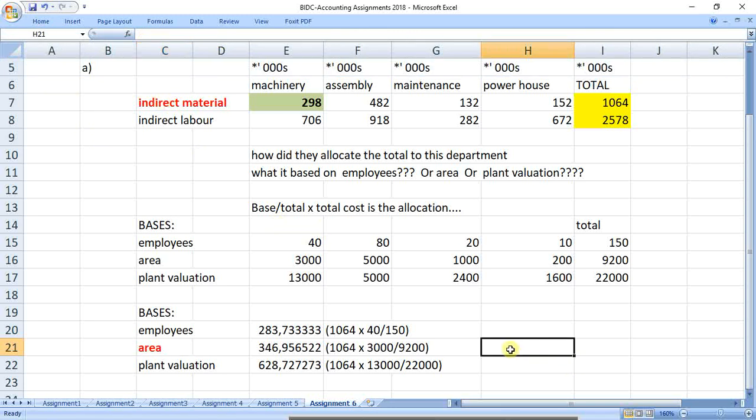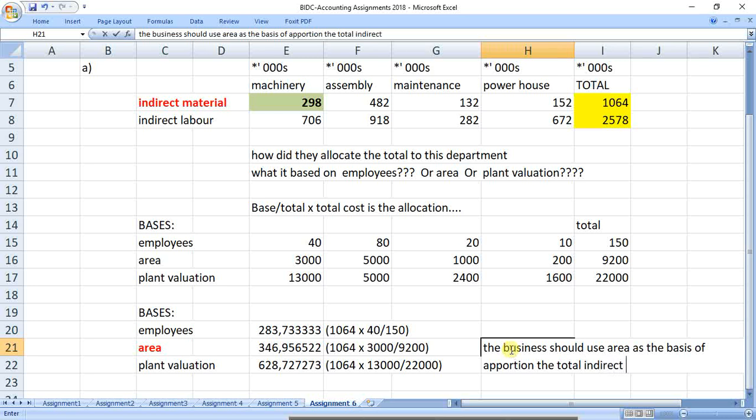Okay, so I'm going to write down here, we should use, or the business should use area as the basis of apportionment. Yeah, they used the right word, appropriate. Apportionment. So apportion the total costs, total indirect costs, indirect material costs.